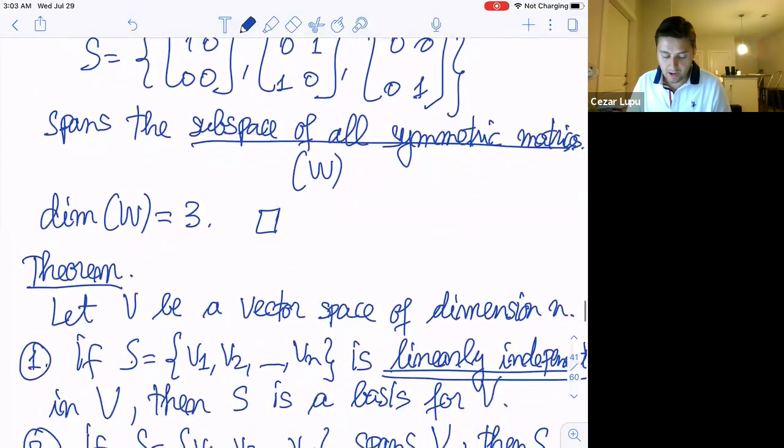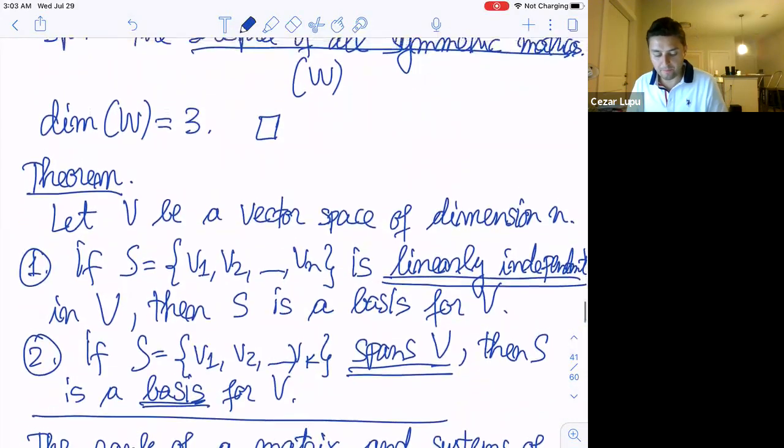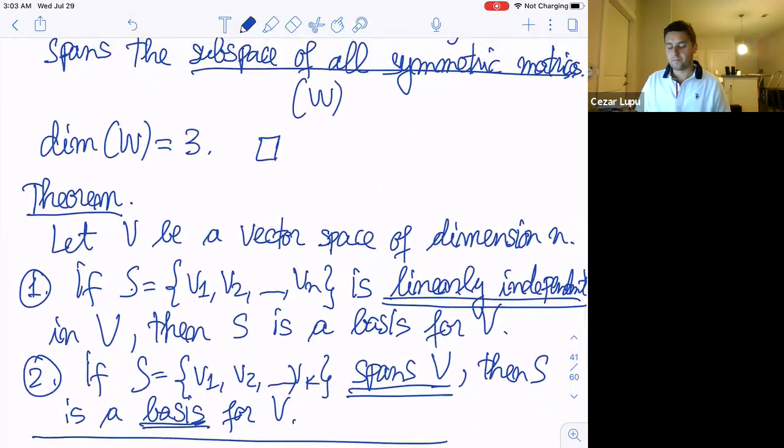All right. And now we have the following theorem. I'm going to consider V to be a vector space of dimension n.